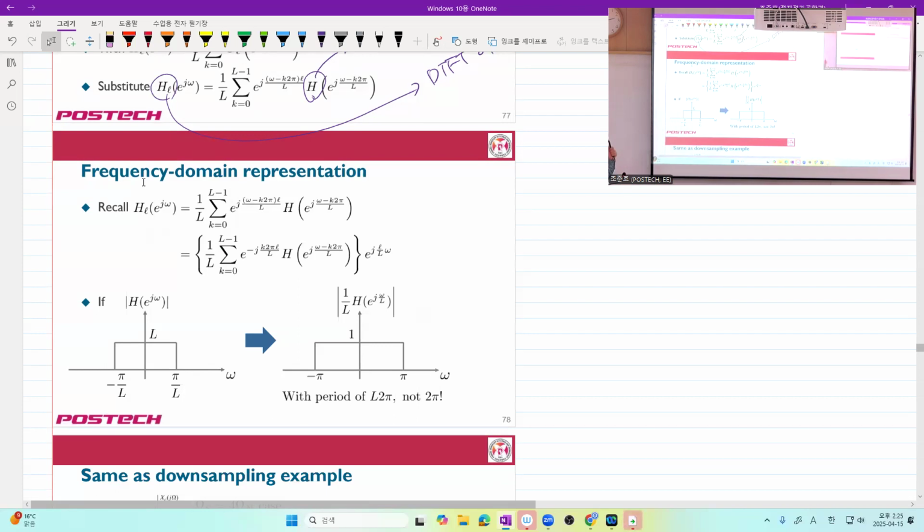So after you take the absolute value, if this one has the magnitude like the ideal low-pass filter with cutoff pi over L, interestingly, am I doing correct? Yeah, I believe so. So first, you need to expand that one in this way, right? Because if you replace omega with omega over L, then actually you expand in the frequency domain.